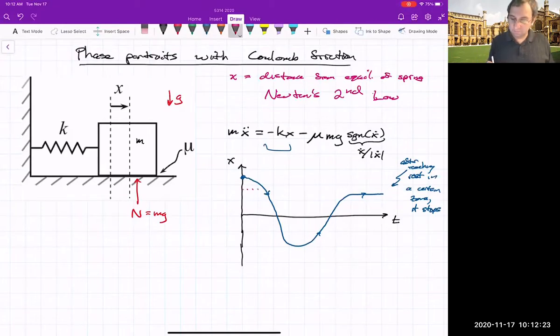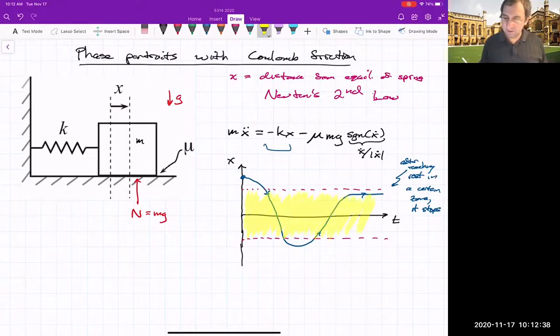So let me put a dashed line, and I'll color this in yellow. If the thing comes to rest, so if there's a peak or a valley in terms of this thing in time, that means x has instantaneously come to rest.